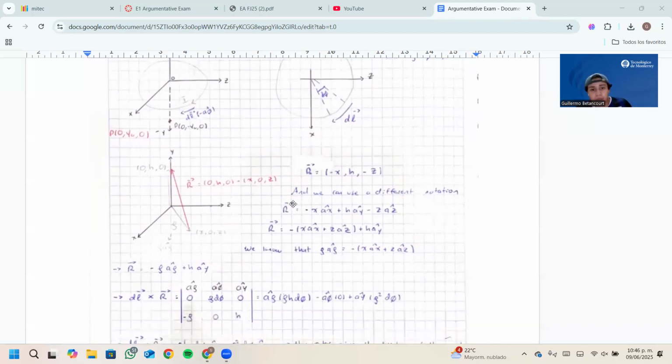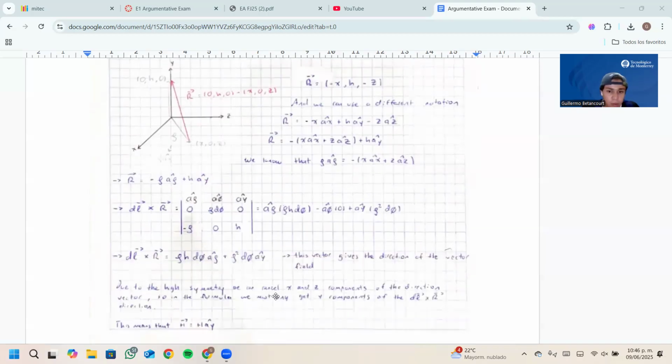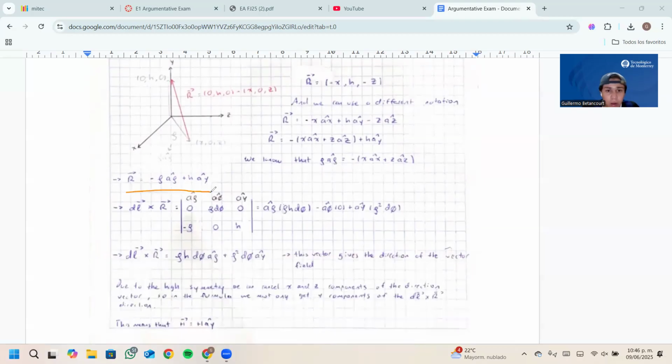Once we calculated r, we can substitute rho in the direction of rho because we know that that is equal to x and z, because it is only in the x-z plane. With this, we are going to have this final expression of r.